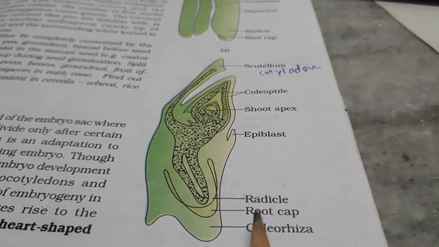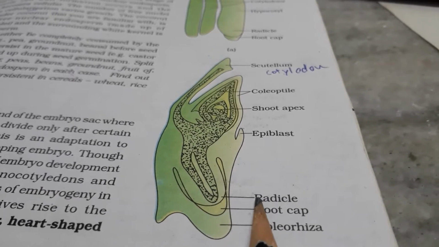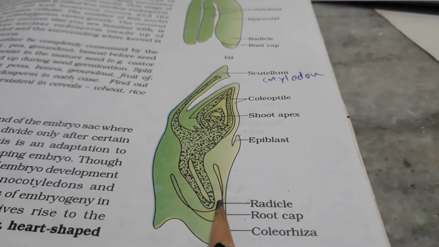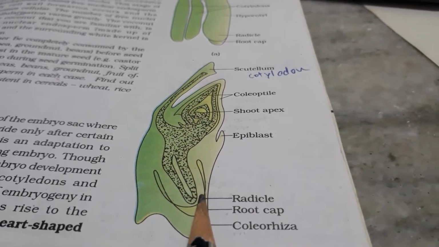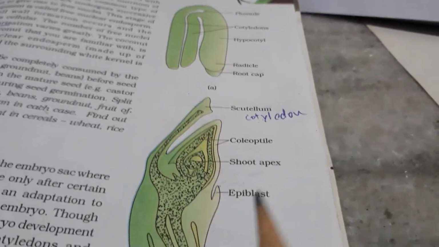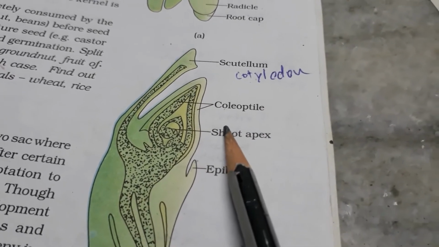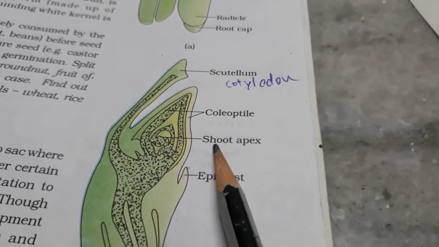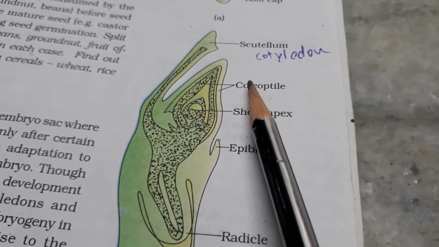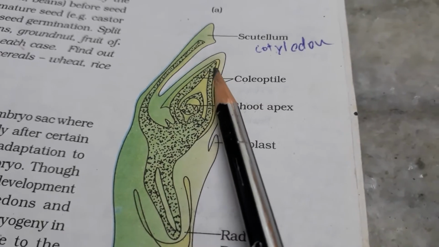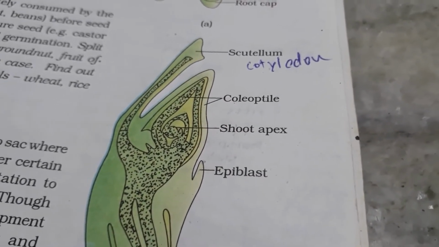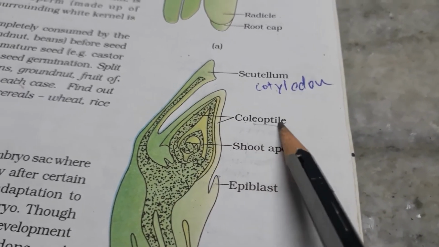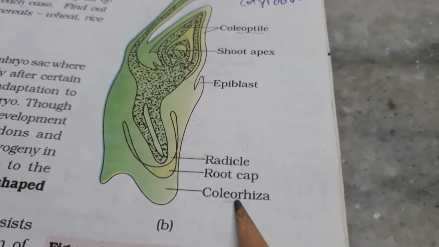Coleorhiza is keeping the young root safe. Do remember the terminology. Now the shoot apex, which is going to become the future stem system above the ground, is covered by a protective covering called coleoptile, correct. Do remember these words, coleoptile and coleorhiza.